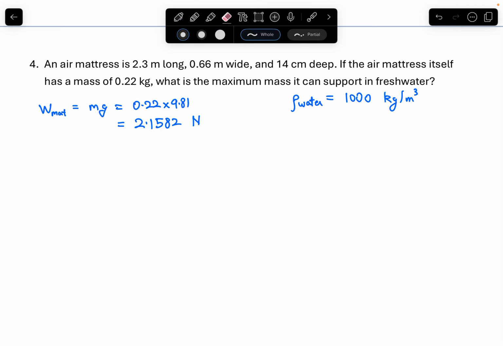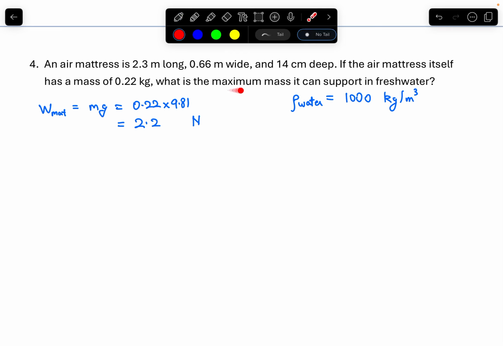Looking at our significant figures, there are two significant figures here, so I'm going to convert this into two significant figures. It's 2.2 newtons.